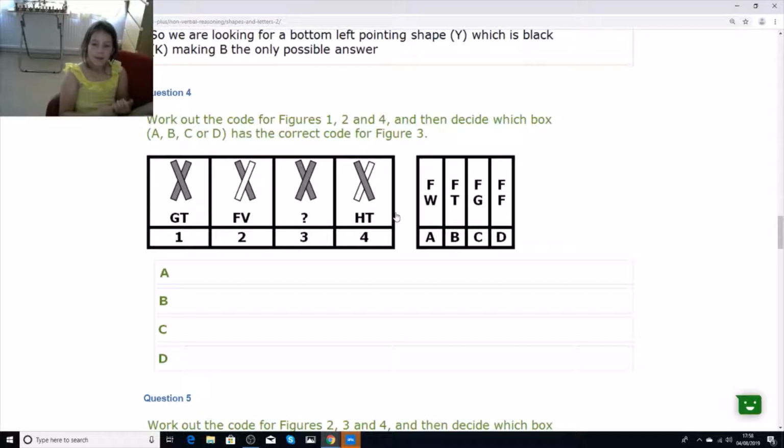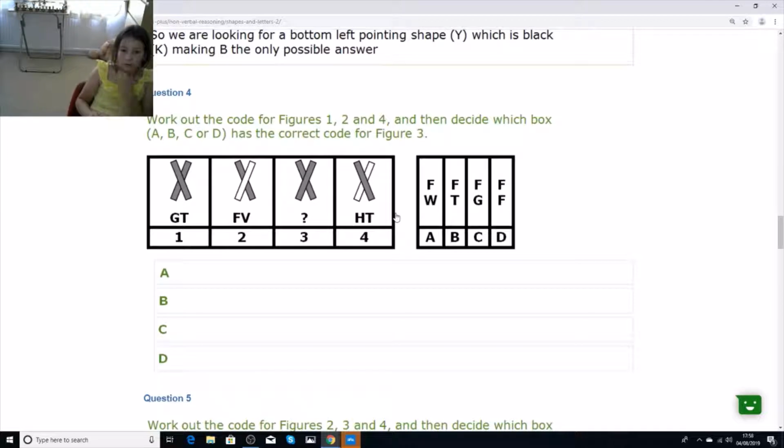So the first letter of the third figure must be G. Wait, it's not on there. Oh wait, it's because the first letter is unknown, because we don't know what they're all different about.